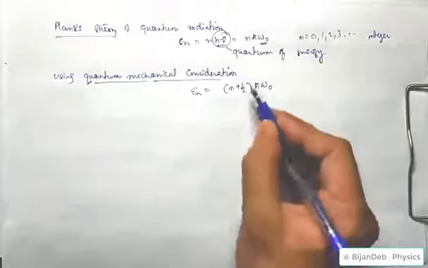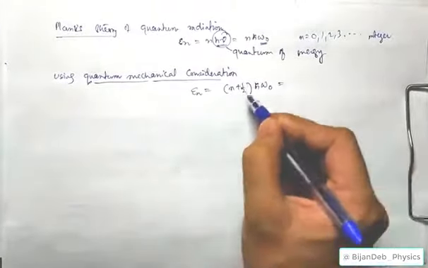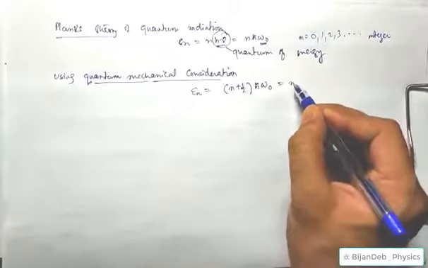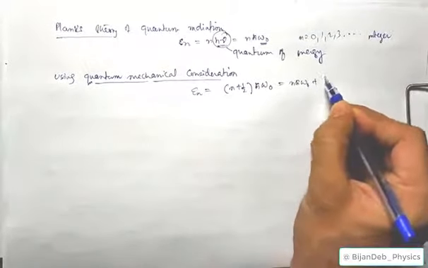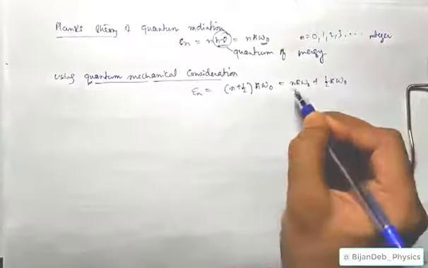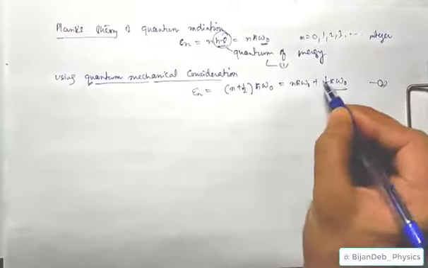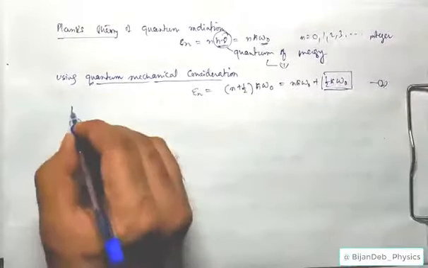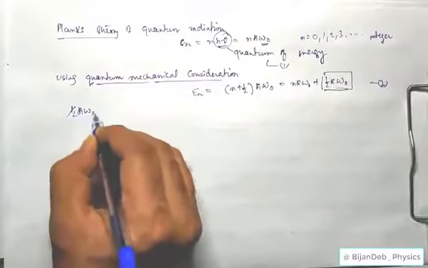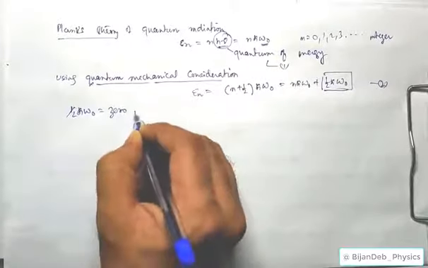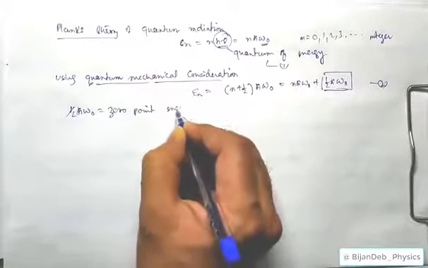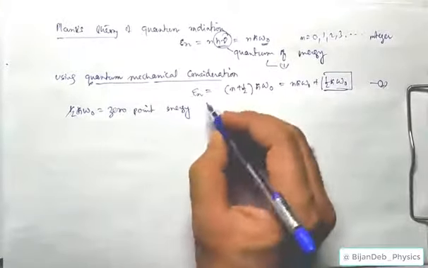So here there is an extra term. If we split this, we get n h cross omega 0 plus half h cross omega 0. So comparing expression 1 and expression 2, we find that only this is an extra term. This half h cross omega 0 is called the zero point energy.